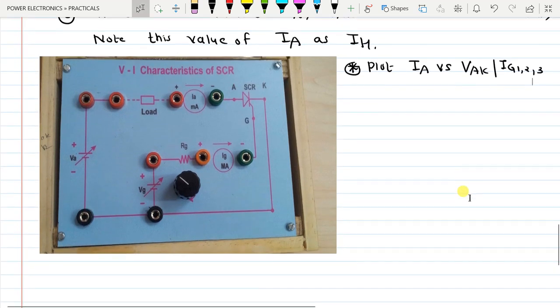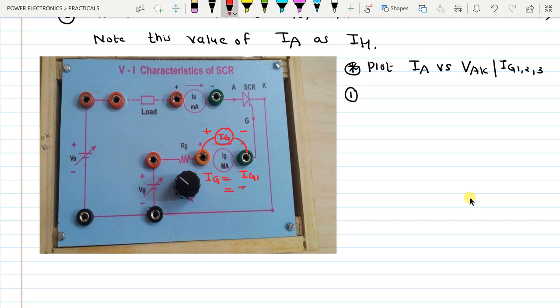Okay, so what are the steps? First step is you will keep IG equal to IG1, then equal to IG2, then equal to IG3.